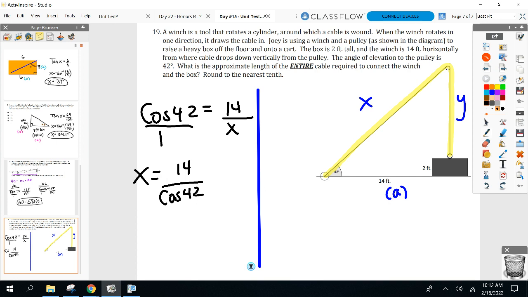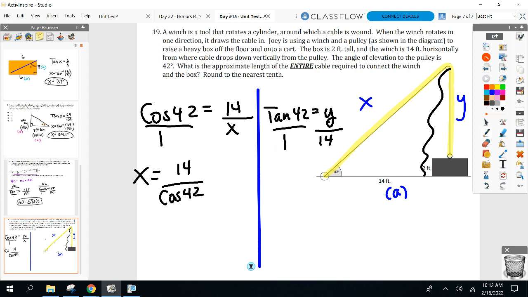When you find y, you're finding this full side and not the actual length of the cable on that side. Actually, I'm going to use tangent here because I'm going to use the 14. Tangent of 42 equals opposite y over adjacent 14.